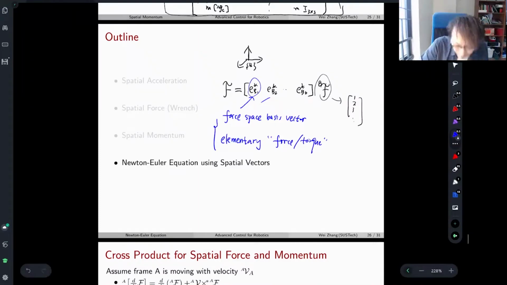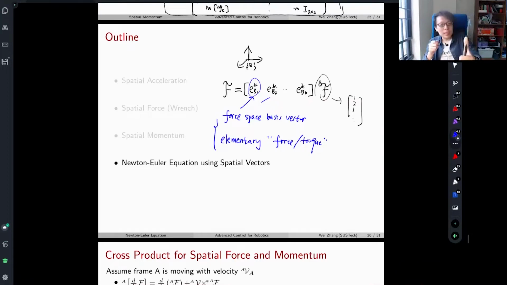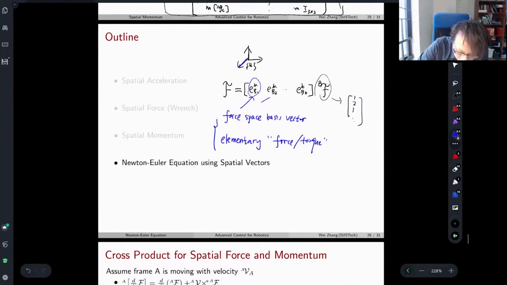For example, if you see this one, this is a physical quantity representing a unit moment, a torque around this axis.